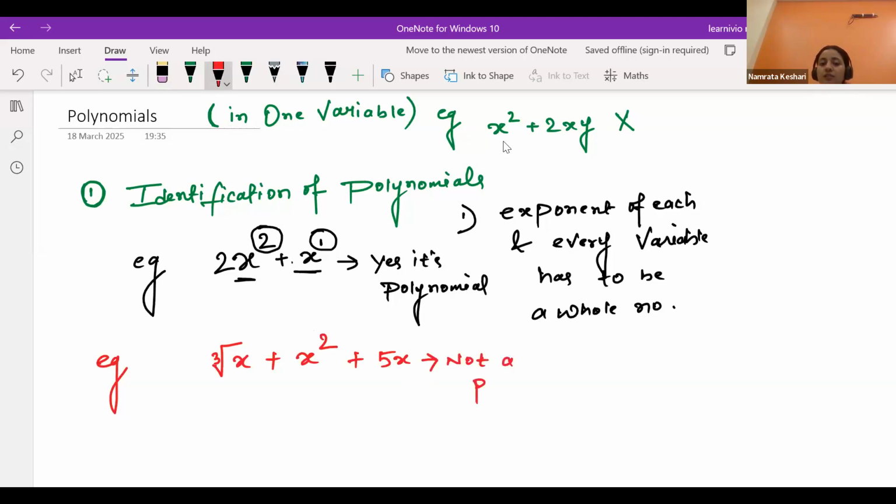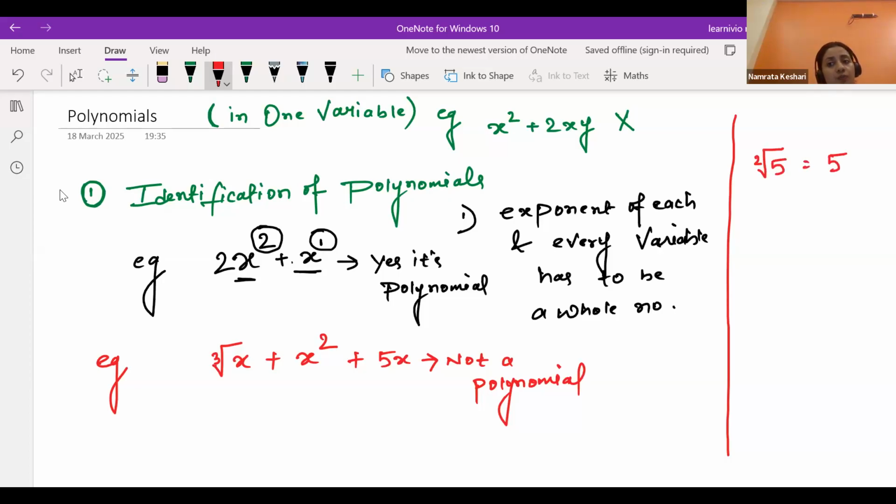Why? There is a concept which we will be discussing in detail when we discuss the first chapter. You have learned the square root chapter and cube root chapter. Square root of 5 can be written as 5 to the power 1 by 2. Cube root of 5 can be written as 5 to the power 1 by 3.